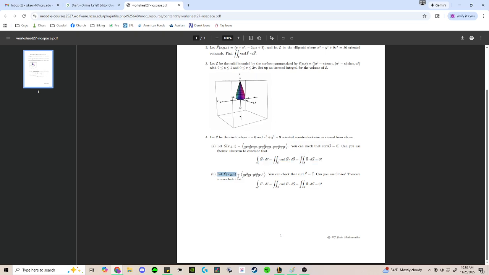Okay, and then I was looking at letter B. So we've got let F be this guy right here. You can check the curl of F is 0. Can you conclude this guy here using Stoke's theorem? Okay, what do we think?